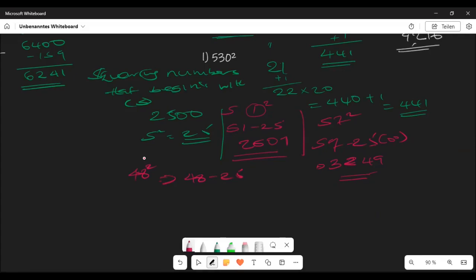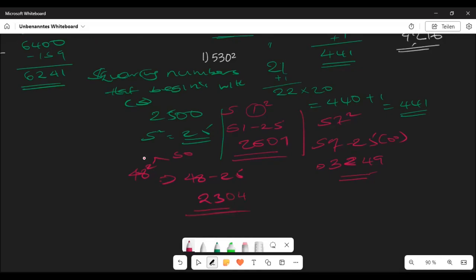So that's going to be 23. And then we say, the difference between 50 and 48 is going to be 2. 2 squared is going to give you 4. So we're going to have here 04.